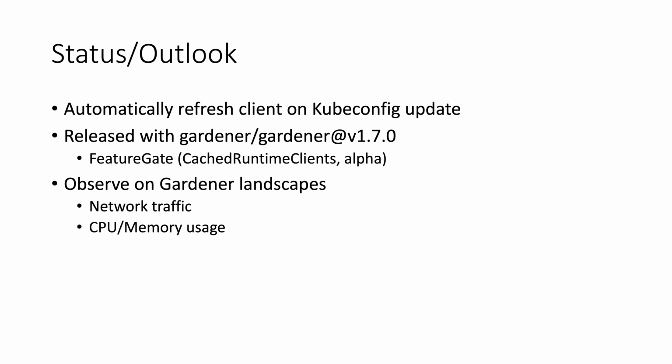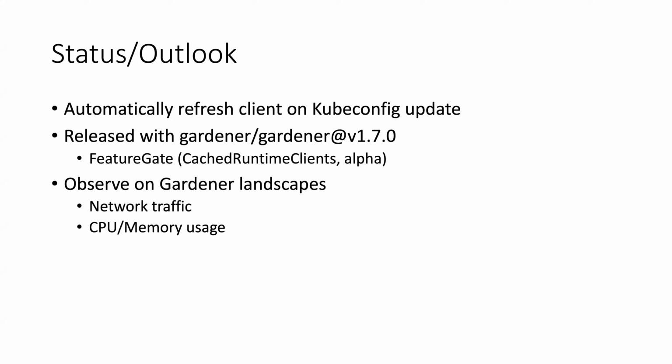So I would like to encourage all of you to use this feature gate for local development or even testing landscapes, and see if there are still any problems with the feature gate. And if there are, please report them via an issue or via Slack, so I can take a look at it and improve the clients.